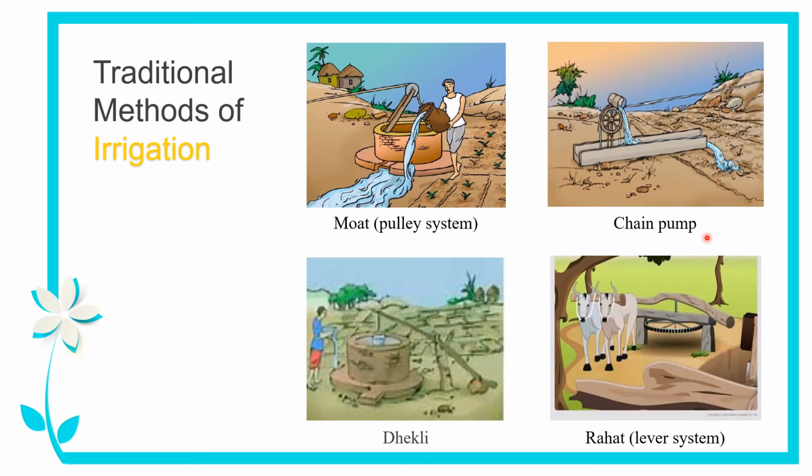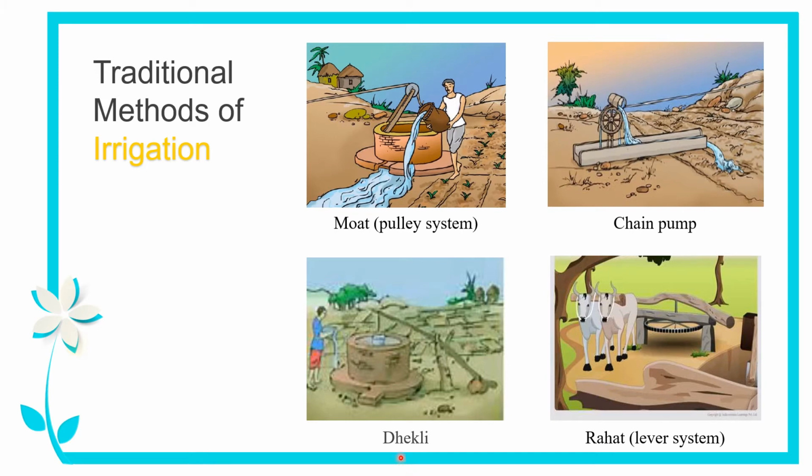When the handle is rotated by the farmer, the wheels connected by the chain start turning. When the lower wheel turns, the buckets attached to the chain dip in the stream and get filled with water, and the moving chain then lifts these buckets filled with water to the upper wheel, where the bucket tilts and it gets emptied into the field to provide water for irrigation.